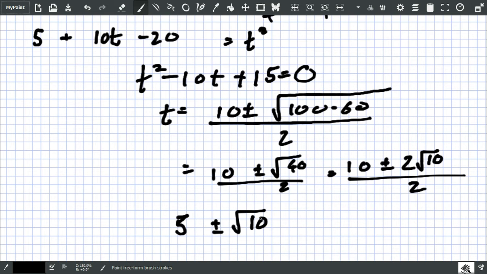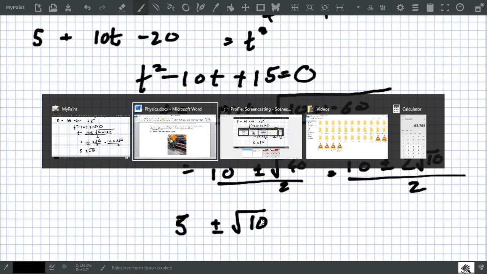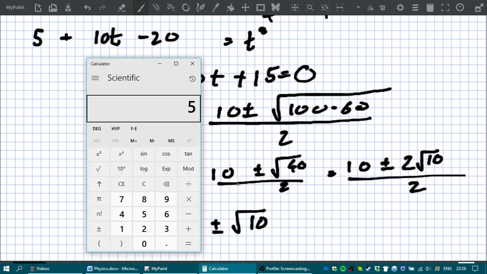So the first answer would be 5 minus root 10. Which is 1.83 seconds, which doesn't make sense because we needed t to be greater than 2.